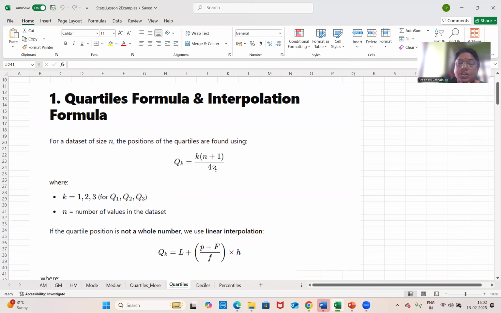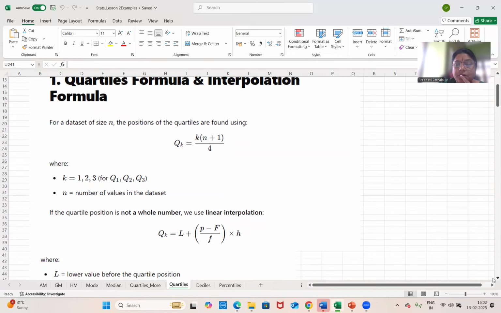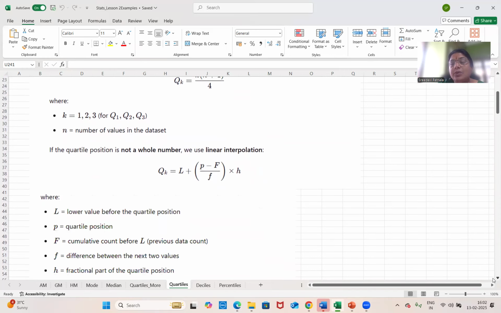Or you can just use k into (n plus 1) by 4. Here n is the number of values in your data set, and k is 1 for Q1, 2 for Q2, and 3 for Q3. That's how you find Q1, Q2, Q3.